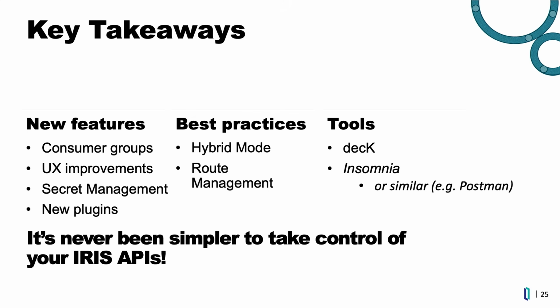We talked a little bit about route management. Make sure that you don't have catch-all routes, but specific routes. That's what you really want. And use deck in general for your configuration management. Couple more things, like there are tools that you can use out there that are very useful, like Insomnia, which is like the development studio from Kong, which I can recommend for mocking up and building new services.